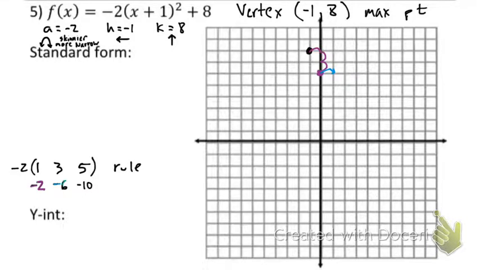Now the rule says we're going to go down 6. 1, 2, 3, 4, 5, 6. Put our dot there. All right, and then we go over 1 again, which means we are going to go -10 or down 10. 1, 2, 3, 4, 5, 6, 7, 8, 9, 10.